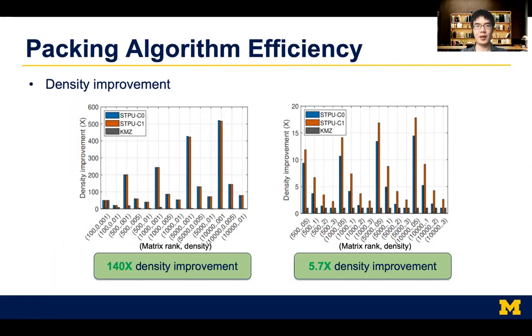In the system level evaluation, we first evaluate the density improvement of the packing algorithm over the set of synthetic datasets, as shown in the two figures below. For the ultra-sparse matrices, the density improvement is 140 times, while for the higher density matrices, we can still achieve 5.7 times density improvement, even though when the density is large, it's harder to merge columns.